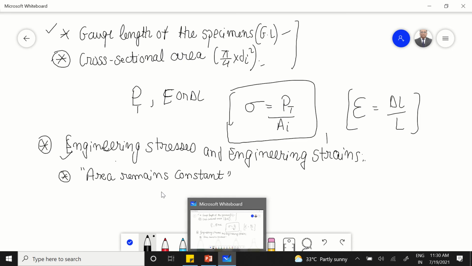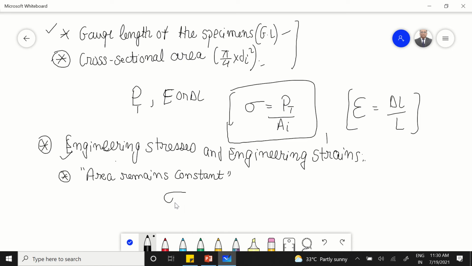Okay, so this engineering stress we denote by sigma E, and it is again equal to the load divided by the initial area. Similarly, epsilon E is the engineering strain, which is delta L upon L. Now, having measured all these values, we get a special type of diagram from a machine, which we call the stress strain diagram for steel material.